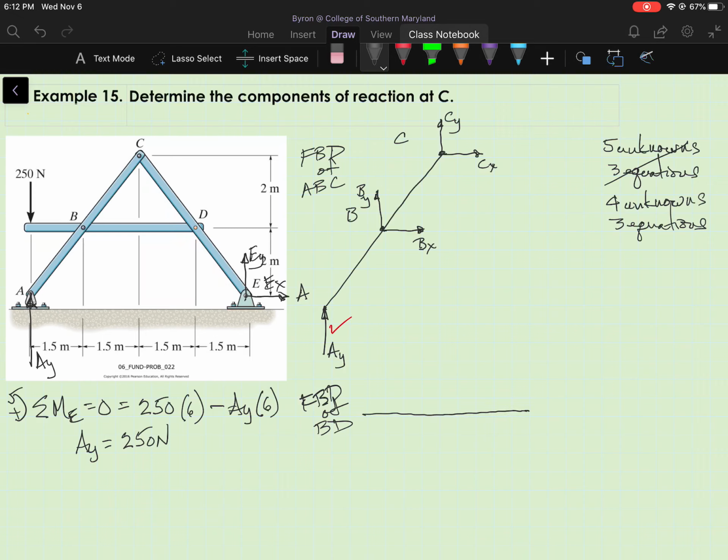Okay, where this is D out here, B is about 1/3 of the way to D, and then I have the 250 Newton force acting downward.